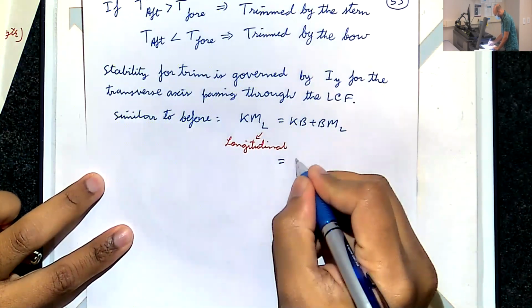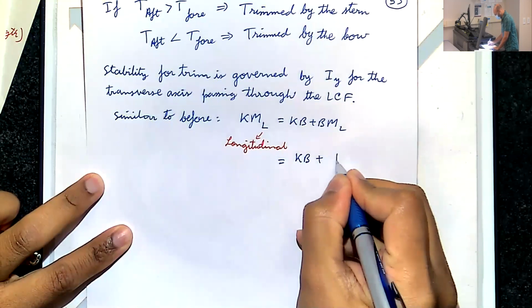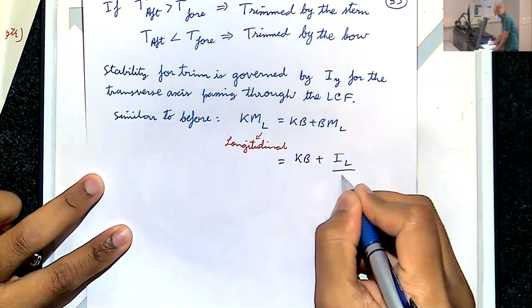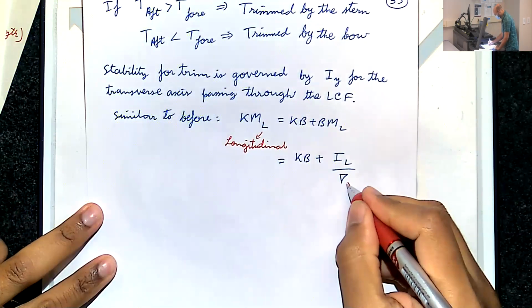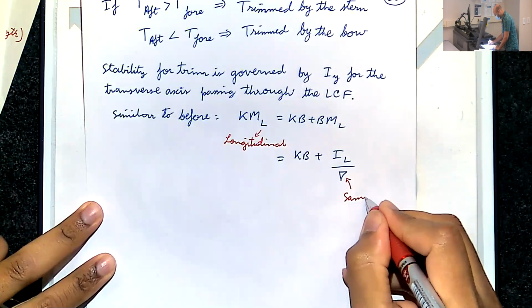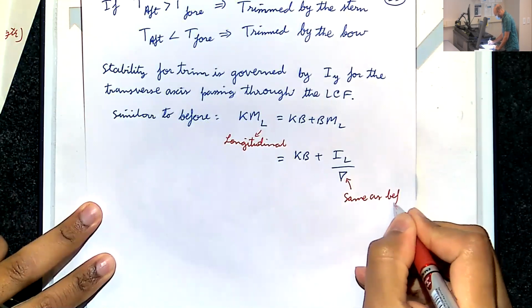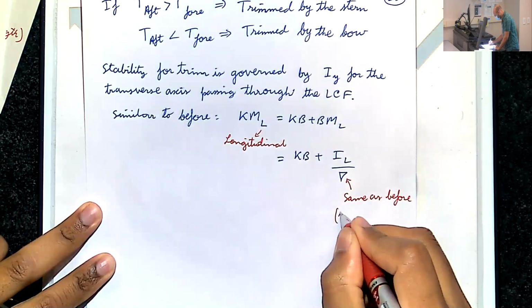And this becomes KB plus I longitudinal over nabla. This part is the same as before. It's the submerged volume.